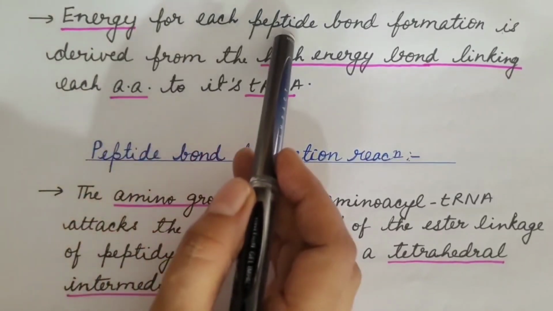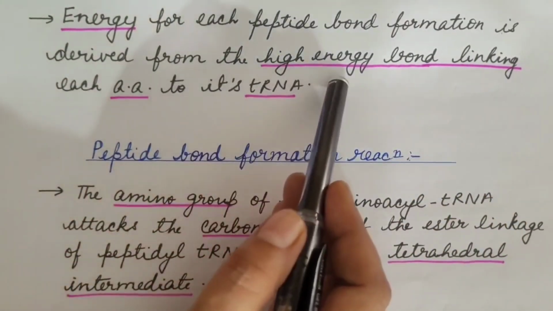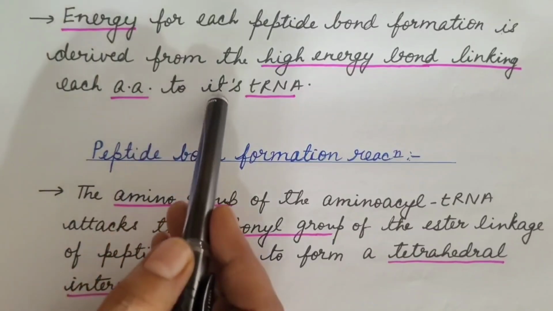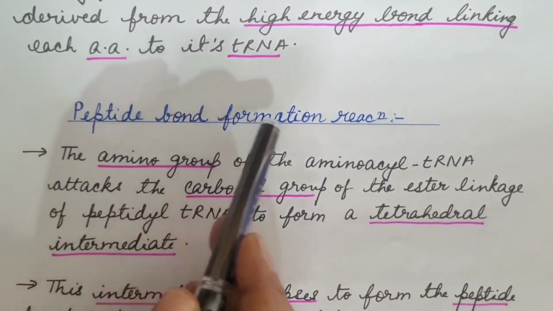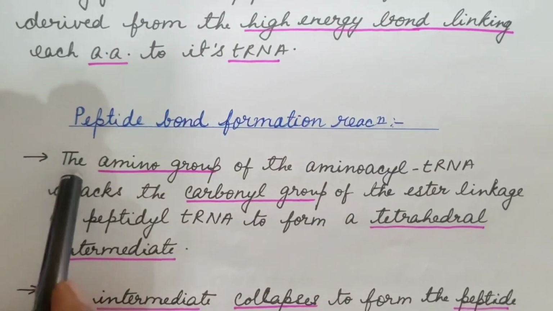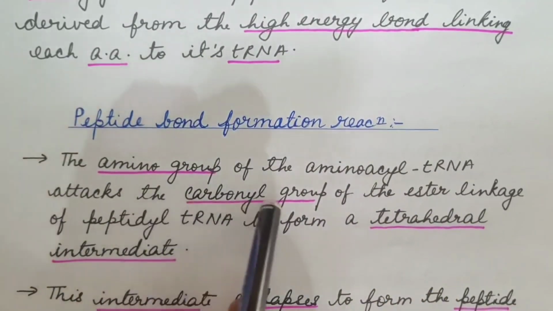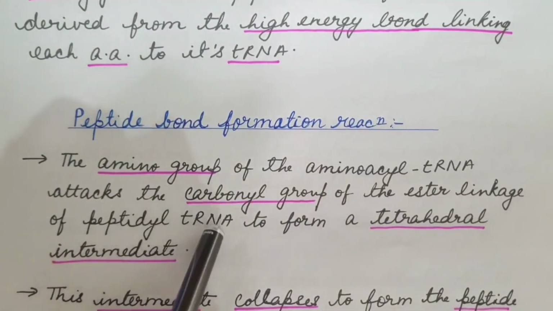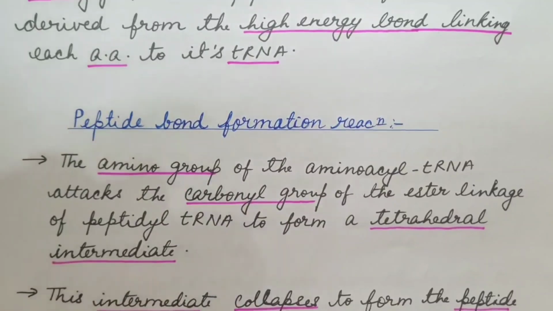And energy for each peptide bond formation is derived from the high energy bond linking each amino acid to its transfer RNA. Now let us see the peptide bond formation reaction. The amino group of the aminoacyl transfer RNA attacks the carbonyl group of the ester linkage of peptidyl transfer RNA to form a tetrahedral intermediate.